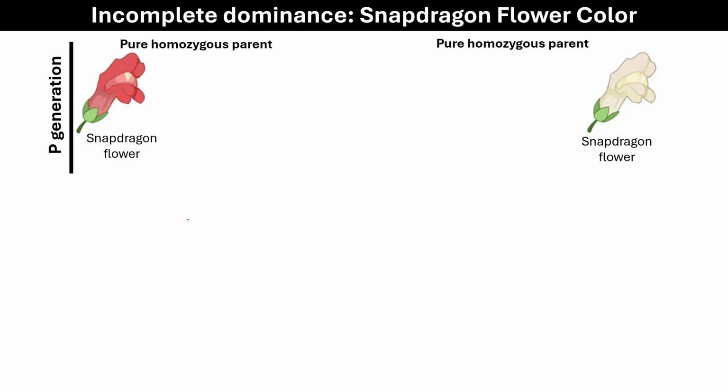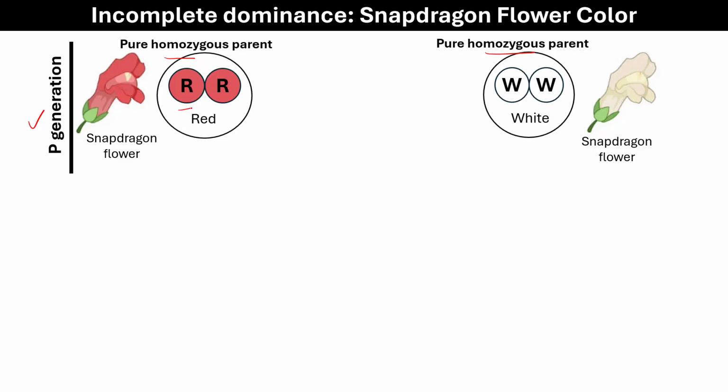The first situation is the snapdragon flower. In the parental generation, you have homozygous parents which have both same alleles. So red phenotype is a result from capital R, and white phenotype is again a homozygous condition, but it is homozygous white, so both WW.